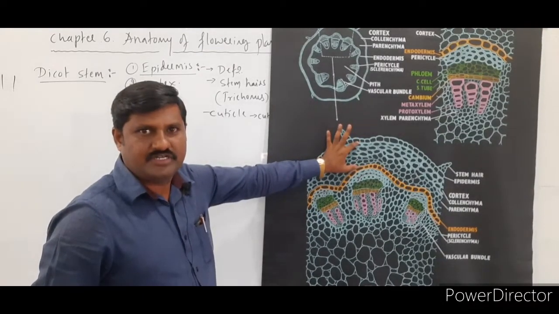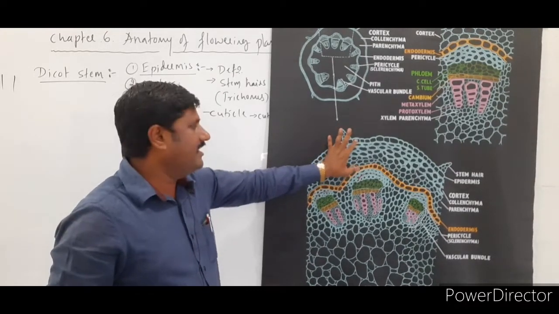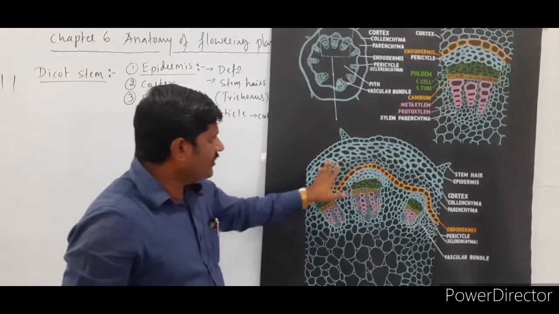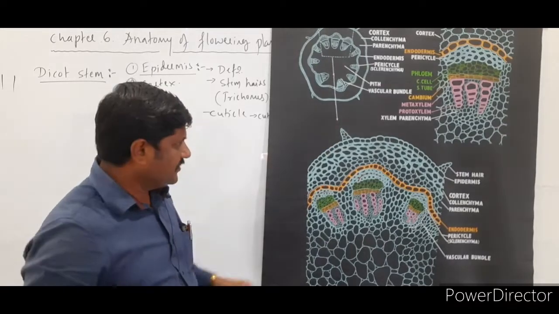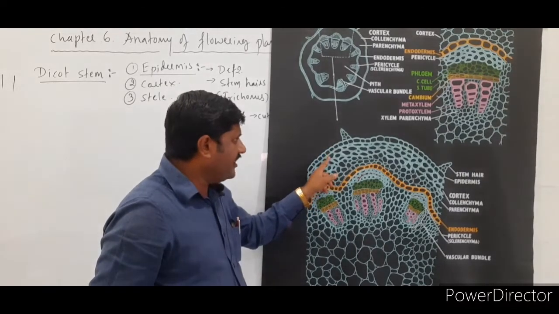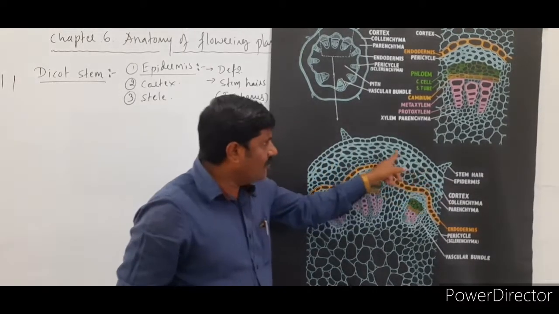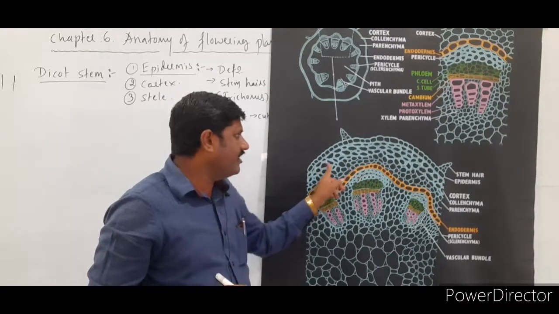This portion is called the cortex. See here, the cortex is divided into two portions. Soon after the epidermis, there are some cell layers, and whenever you observe them, the cell wall is thickened.